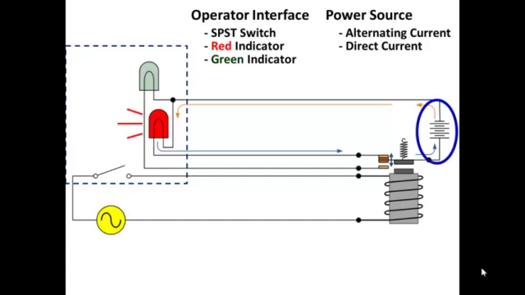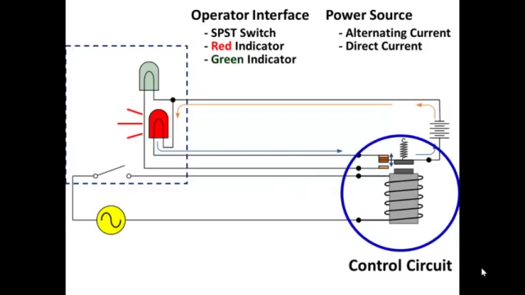However, that DC source could be a DC power supply that takes the 115 volts AC alternating current, rectifies it into DC, filters it, and then regulates it at some specific DC voltage like 24 volts DC, 15 volts DC, 12 volts DC, 5 volts DC. It regulates it at some specific direct current level to control these other devices. And then of course the control circuit itself is a single pole double throw relay.